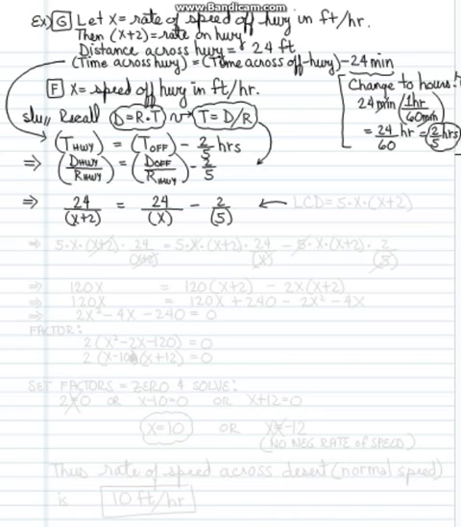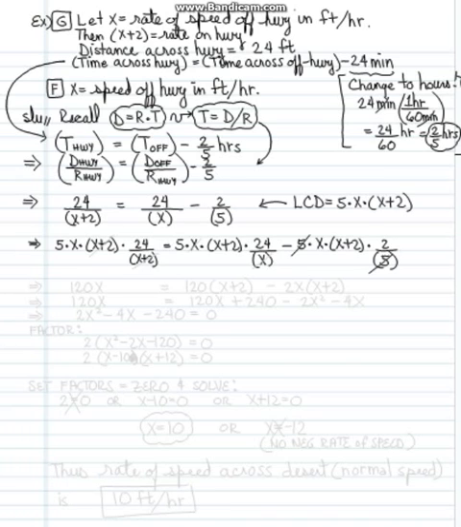And from here we see, we're going to get rid of the fractions. We see the least common denominator is equal to the product of 5 times x plus 2. So we're going to multiply each of the 3 terms by the LCD. 5 times x plus 2 times this term, 24 over x plus 2, equals 5 times x plus 2 times 24 over x, and then minus the last term multiplied by the LCD, 5 times x plus 2 times 2 over 5.